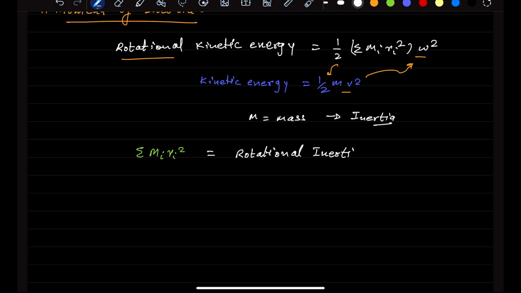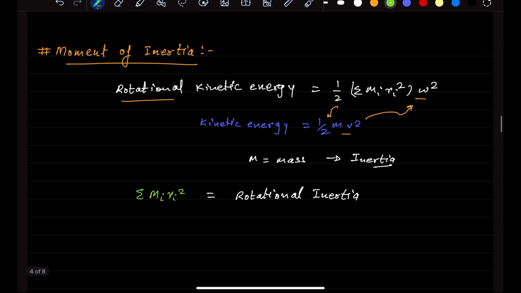Why am I calling this inertia? The reason is because in the term of kinetic energy there is the mass, and mass is the inertia of the translation. In the same way, there should be the term of the rotational inertia in the rotational kinetic energy. So this term sigma mi ri square is the rotational inertia, and that's why we are defining this term known as the moment of inertia.